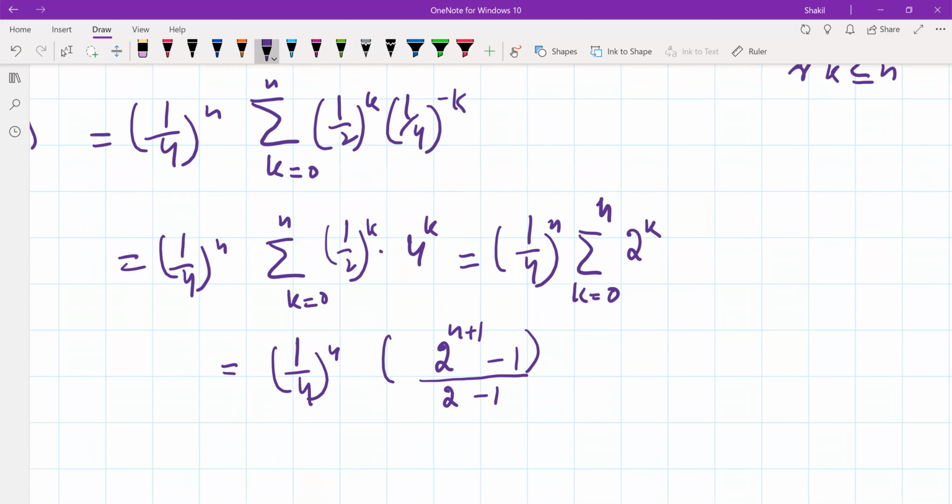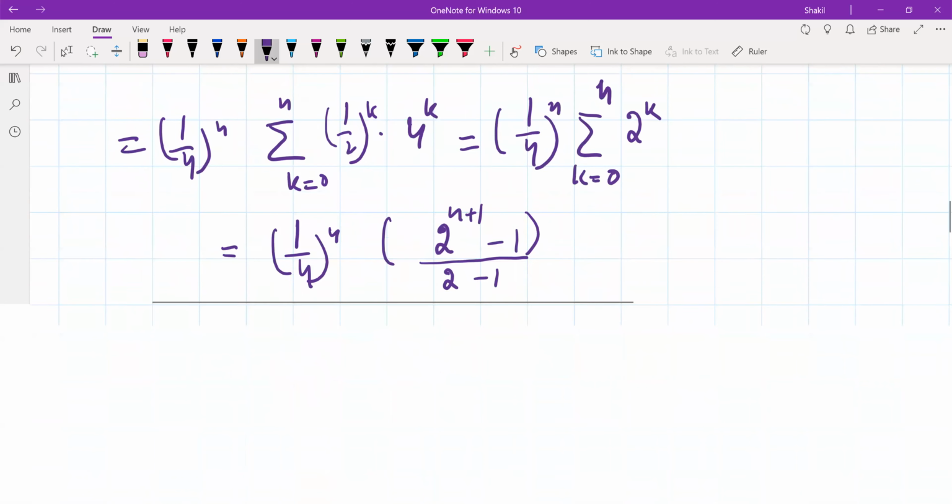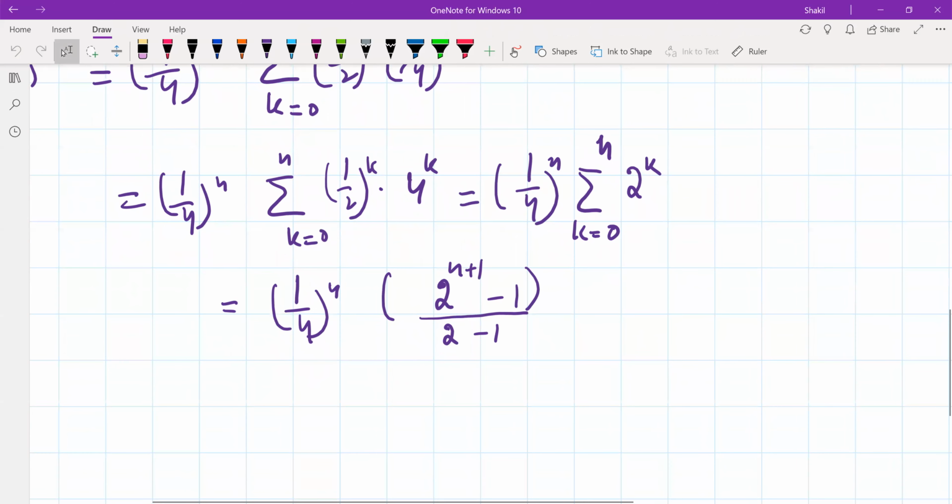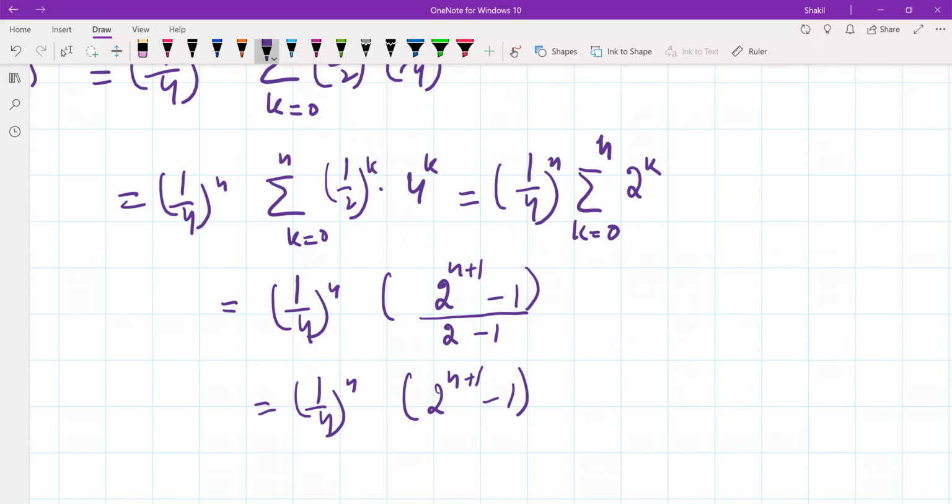If you remember the sum of a GP, with ratio r, it is r^(n+1) minus 1 divided by r minus 1. So this becomes (1/4)^n times (2^(n+1) minus 1) divided by 2 minus 1, and 2 minus 1 is 1.